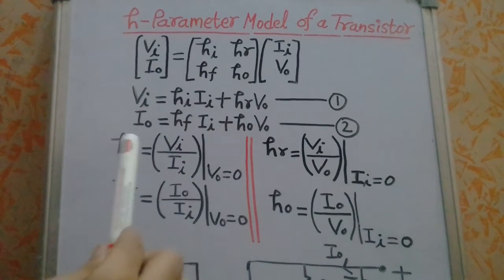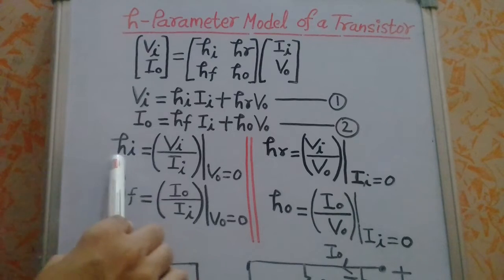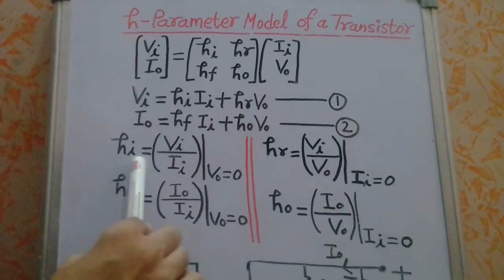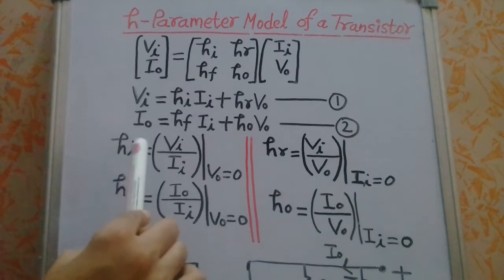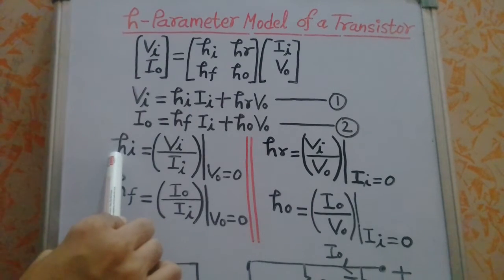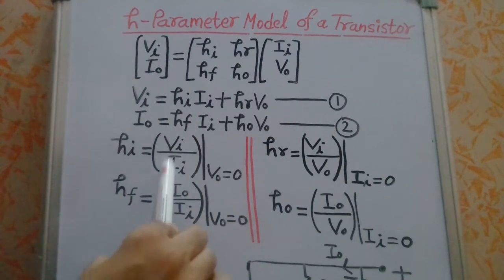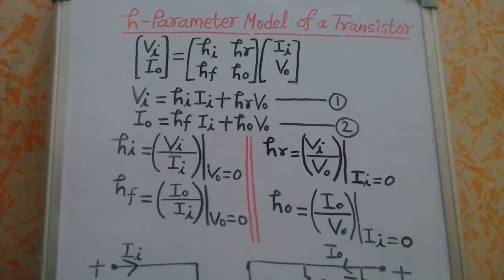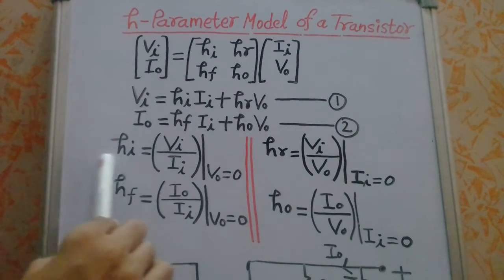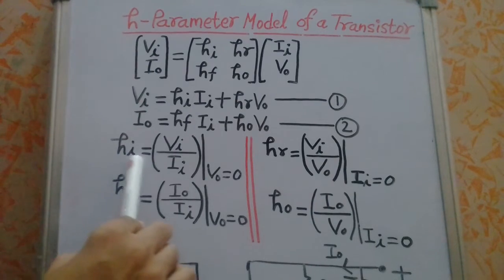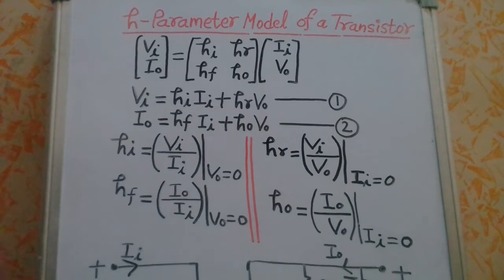The suffix i stands for input, so the name should be input impedance. So hi indicates the input impedance, which I will draw in this h parameter model.